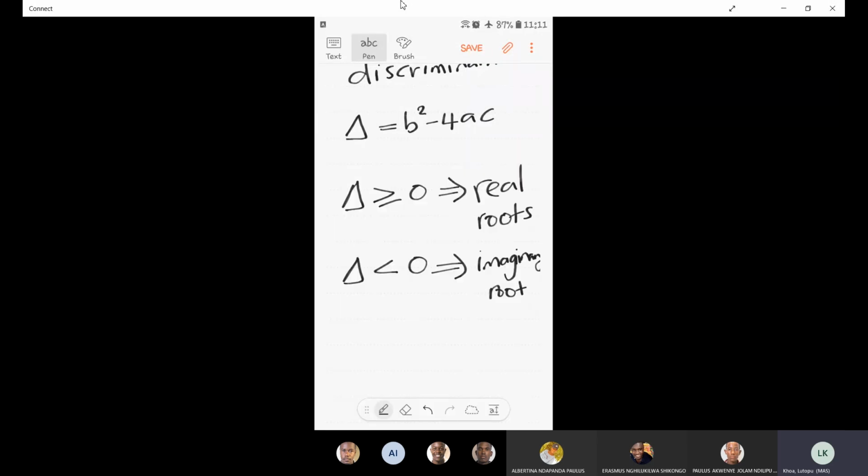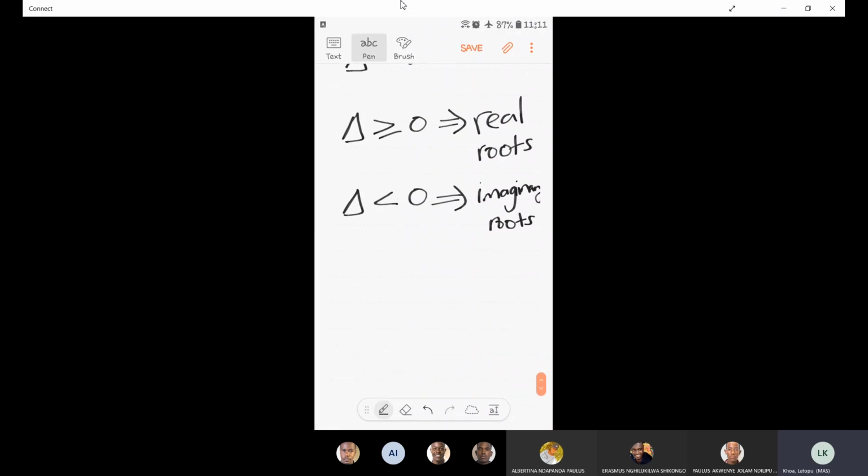Okay, that's the word imaginary. So your roots are imaginary. Now, when you have imaginary roots, this means you have a parabola like this, that looks like that, or like that. So remember, your roots are the x-intercepts.